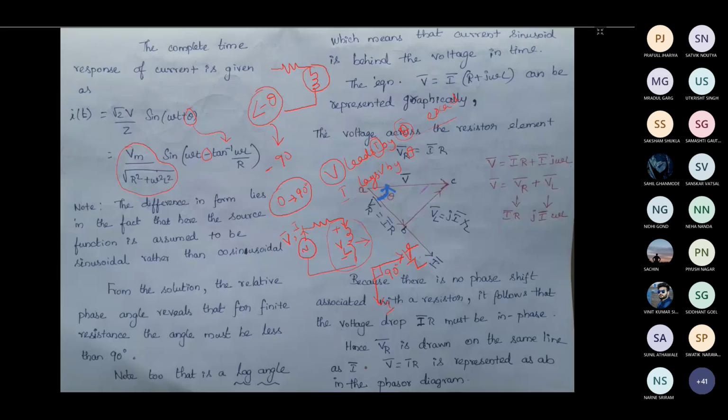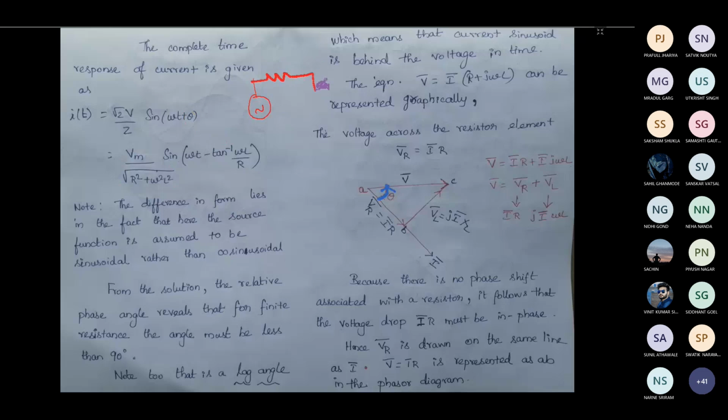Okay, so now if you draw the phasor diagram for this, so let us draw it separately. Actually, it is already drawn. Let us draw it separately. Okay, here you are having a circuit like this. Here we have to take a reference. How to take a reference? Okay, we will be taking like this. This is V source voltage, and one current is flowing through that.